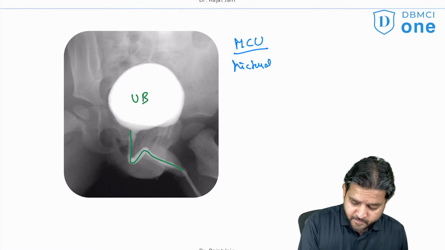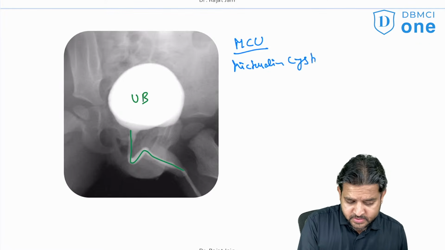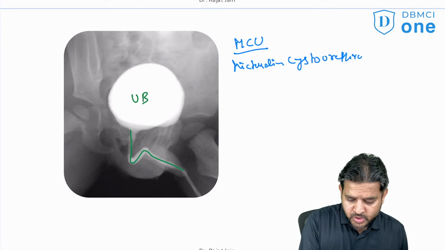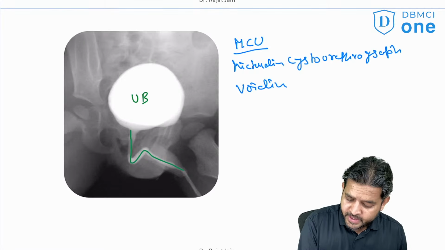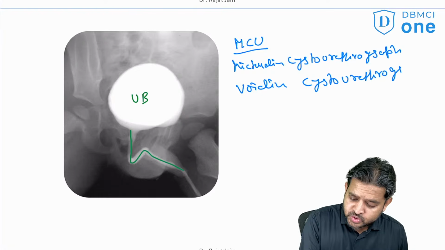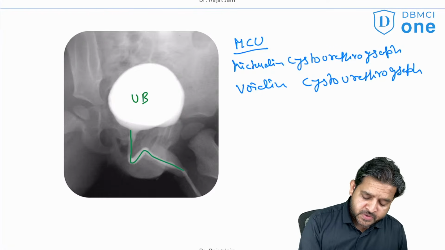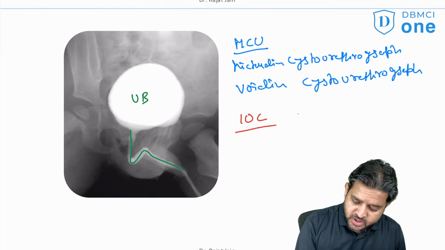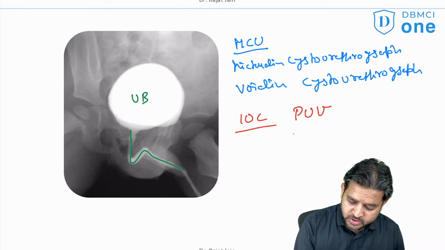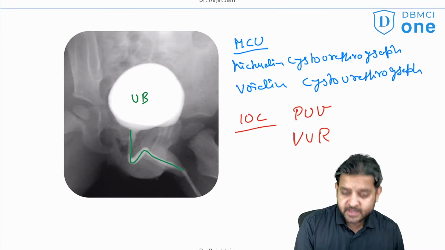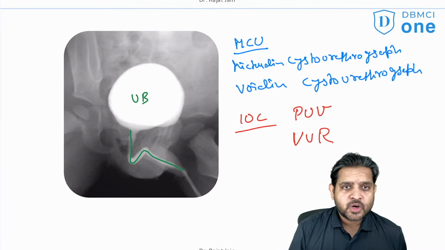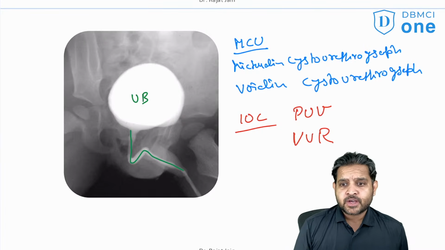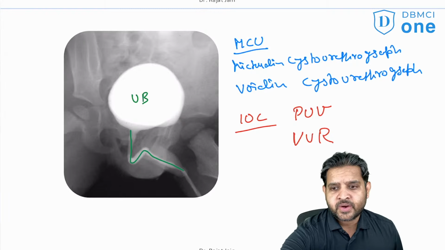Micturating cystourethrography, also called voiding cystourethrography. An important MCQ is, it is the investigation of choice for posterior urethral valve or a suspected vesicoureteric reflux. Right? Are you getting it?